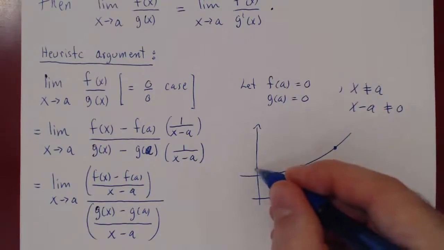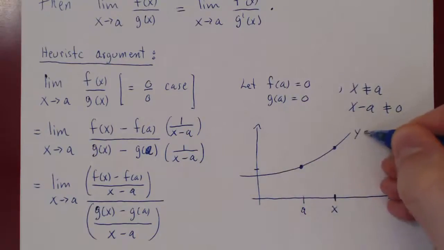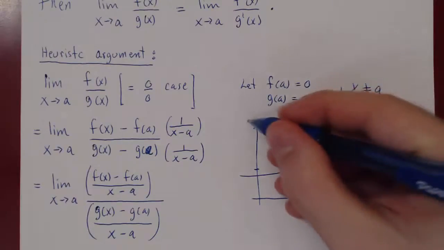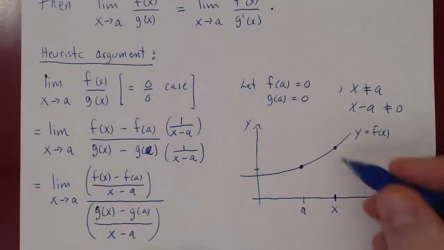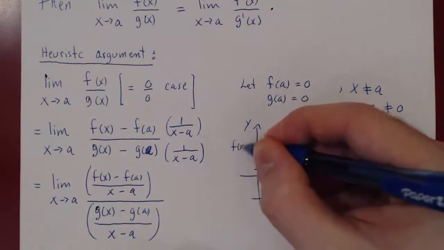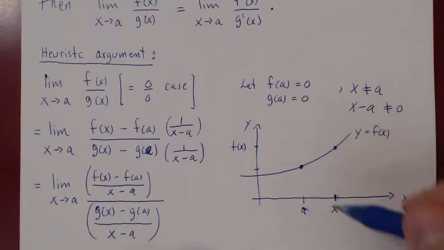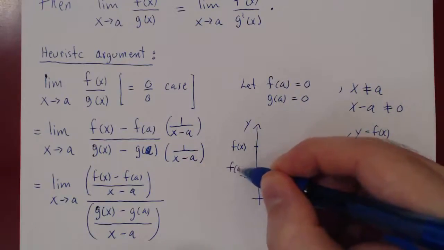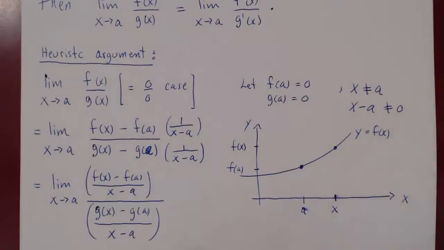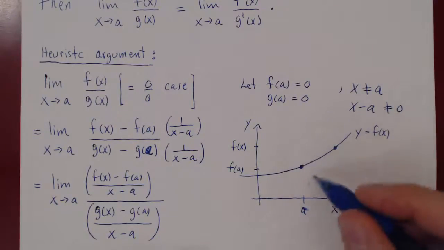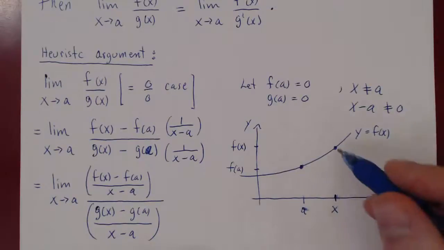Now if this is the graph of y equals f of x, the y value here is f of x, and the y value here is f of a. And now we have the secant line passing through the points (a, f of a) and (x, f of x).